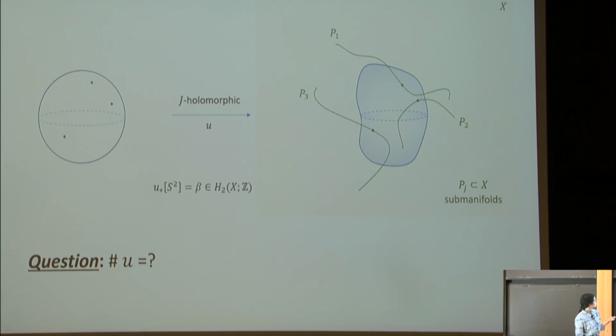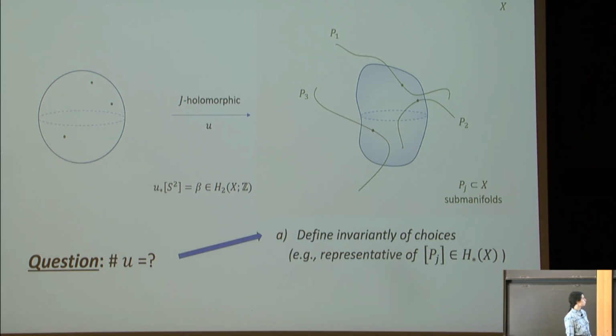Okay, and so if we cook up the constraints properly, we get a zero-dimensional solution set, and then we can ask how many elements there are. And the question has two parts to it. One is we want to pose the question so that the answer will not depend on choices we made. So for example, if I take one of those constraints P_i and I want to vary it within its homology class, I want to still be getting the same answer.